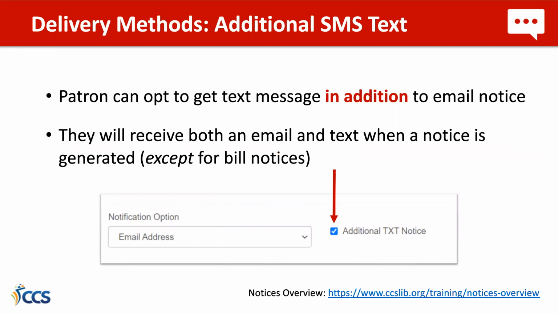Patrons can choose to receive only text messages or receive an email notice plus a text notice together. Essentially, you're stacking your notices. So if I have my patron registration set up like in the screenshot here, where I have my notification option as email, plus this additional text notice checkbox selected, I will get an email and a text at the same time for most notice types.